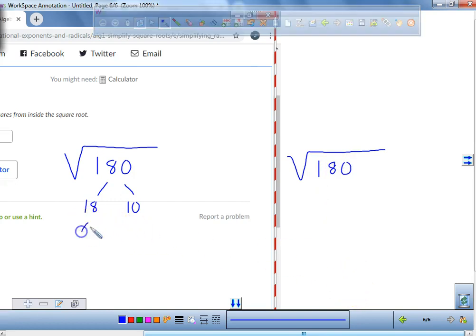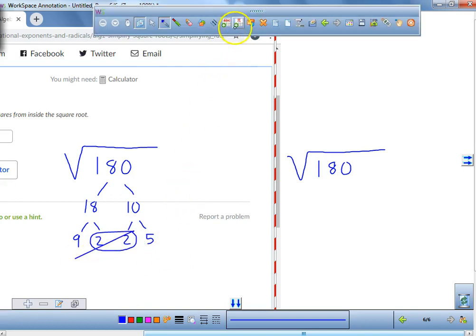So what does 18 break down to and 6 break down to? 18 is 9 and 2. Now you could have also said 6 and 3. 6 is 2 and 3. What does 9 break down to? 3 and 3.